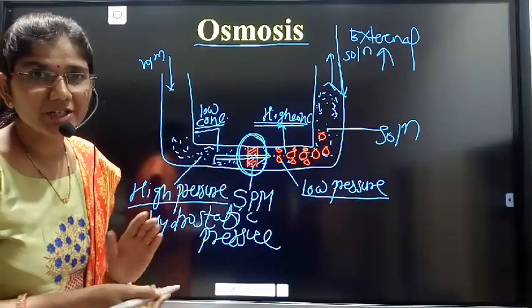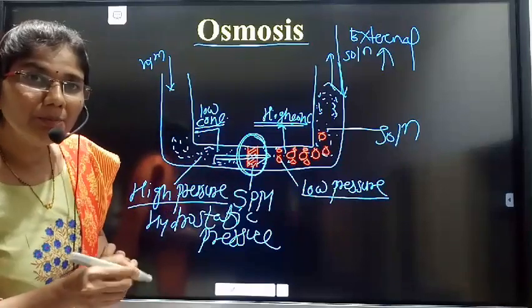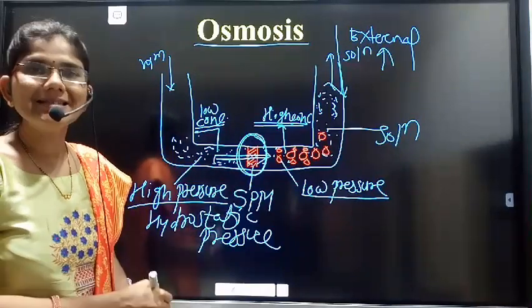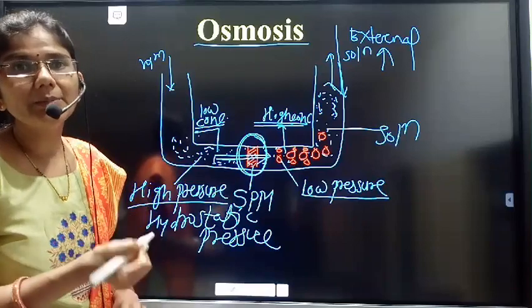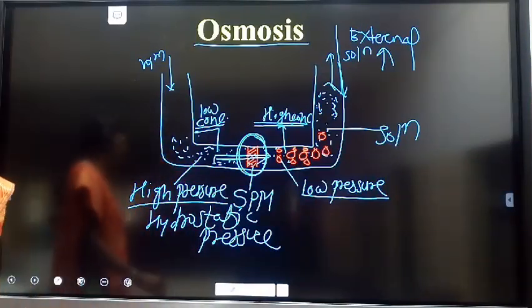So this pressure applied from the solution side to stop osmosis is called osmotic pressure.